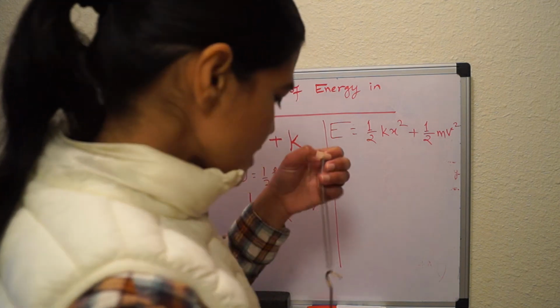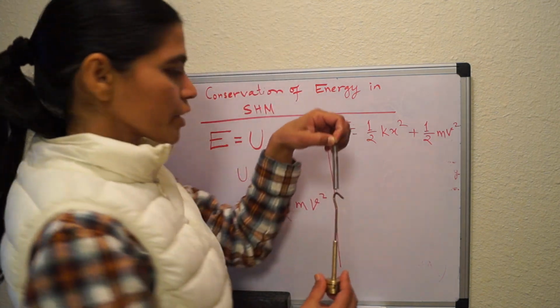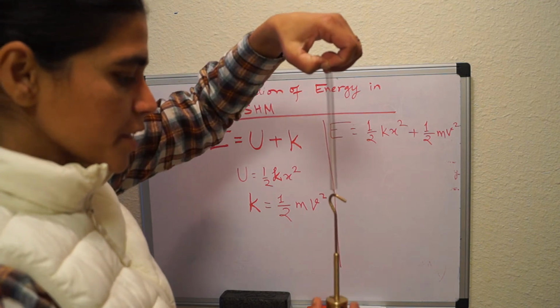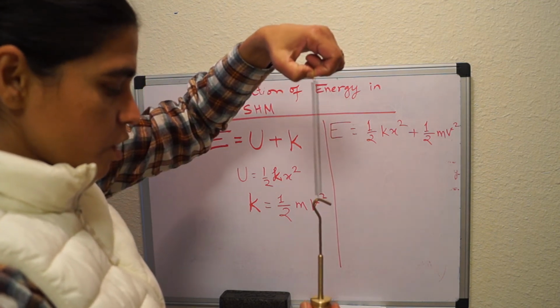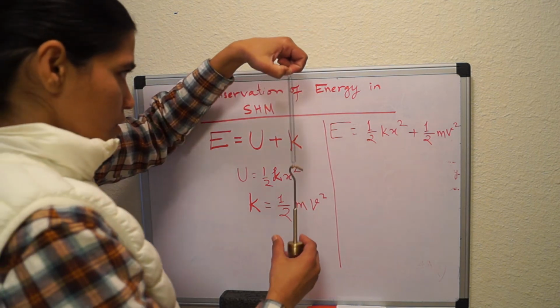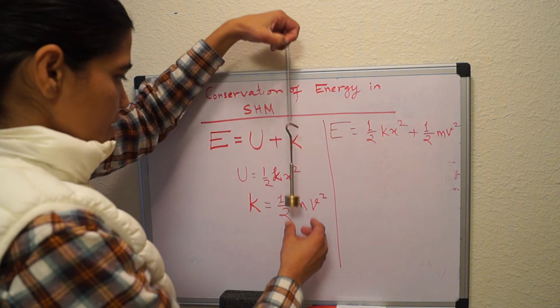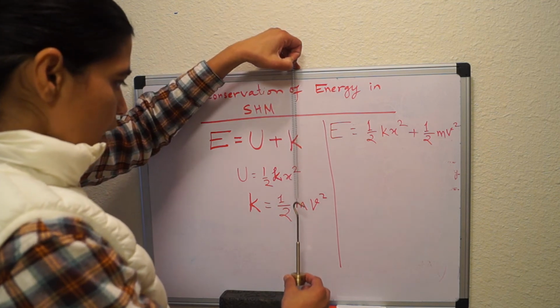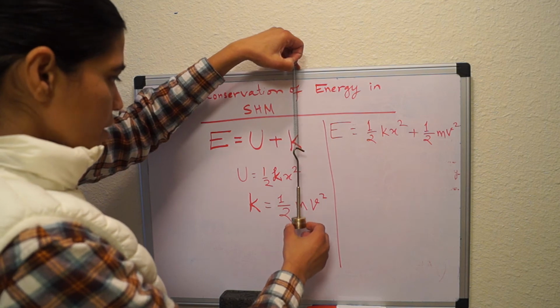So let's look at this spring here. We have this spring, and it starts here. This is our equilibrium length, right? I'm going to put it a little bit up so you guys can see this, and then it goes down. See what is happening.